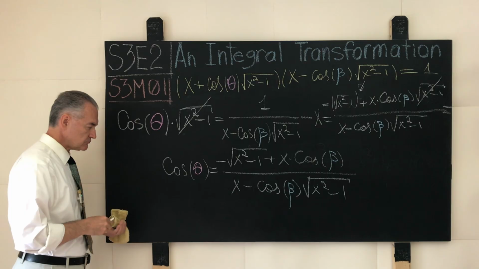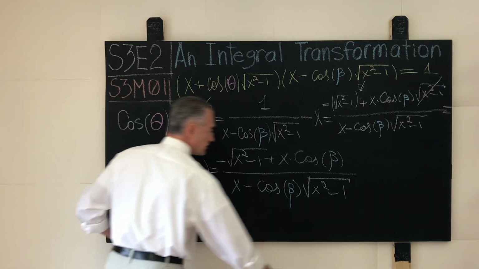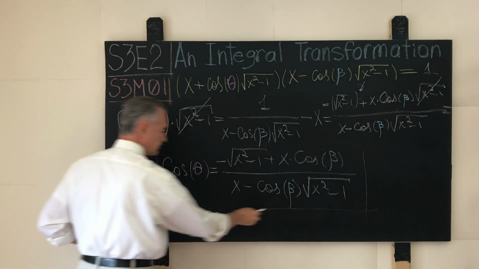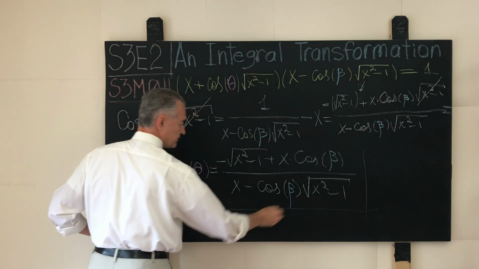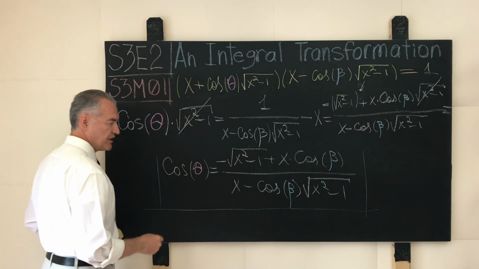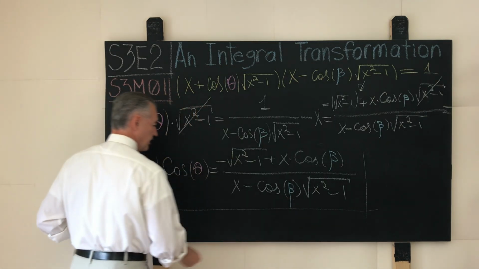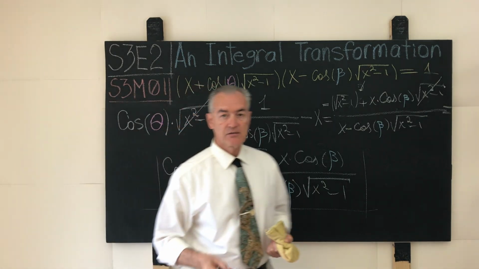Boom. There we have it. This is the result that expresses the angle theta in terms of the angle beta. And now we want to carry out the converse task and express the angle beta in terms of the angle theta.